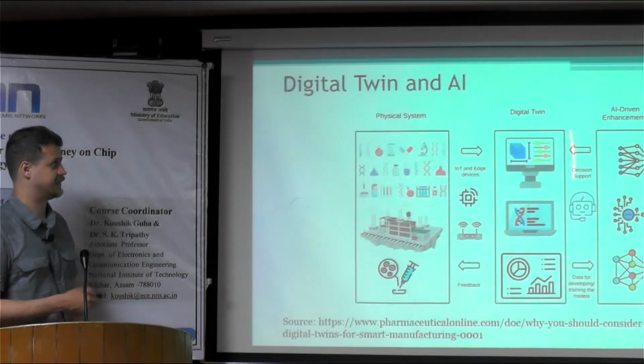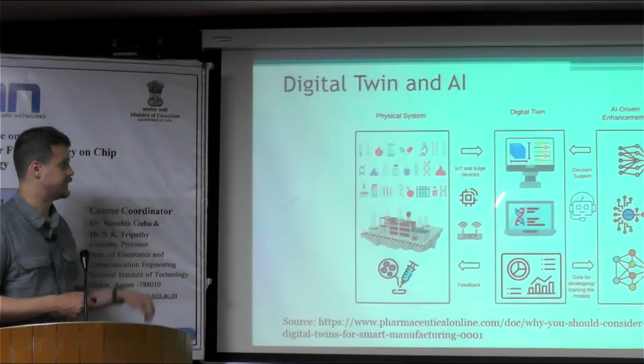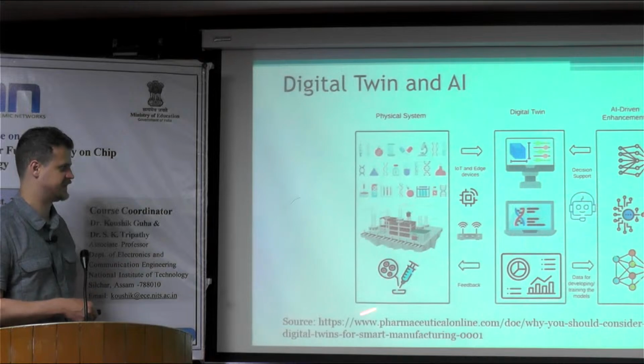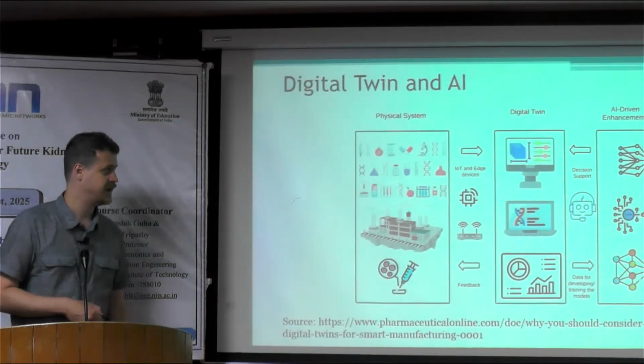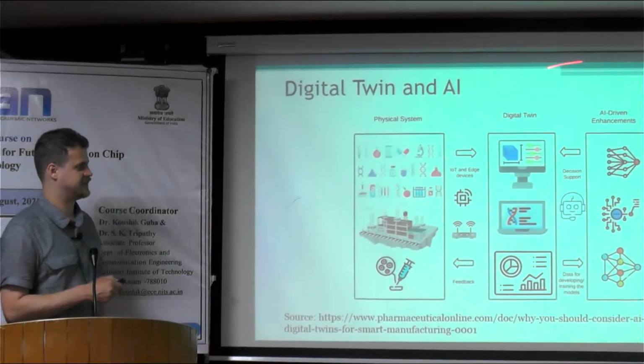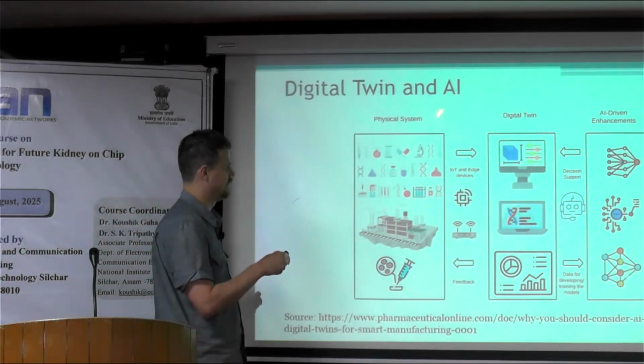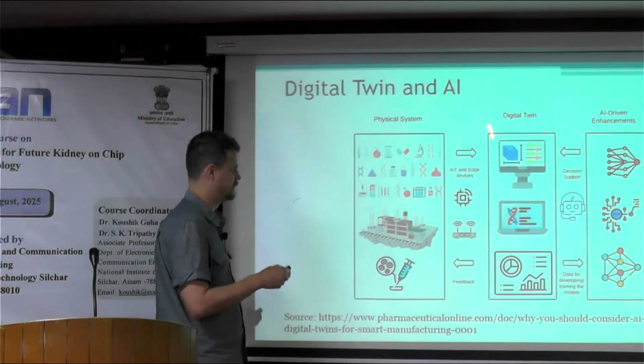So speaking of industries, as we talked, there is a very huge application of digital twins in medical application, industrial application, and scientific research. And why digital twin is essential here is because of that particular bidirectional feedback loop.